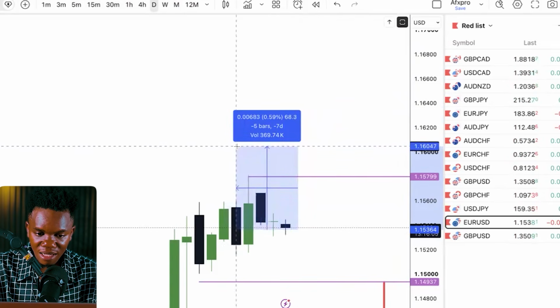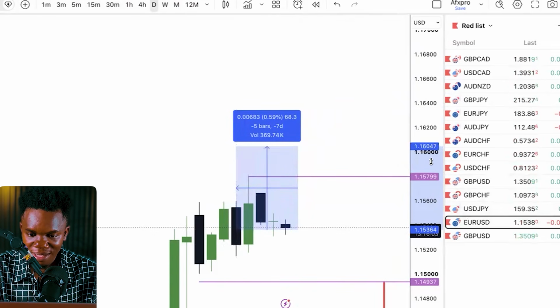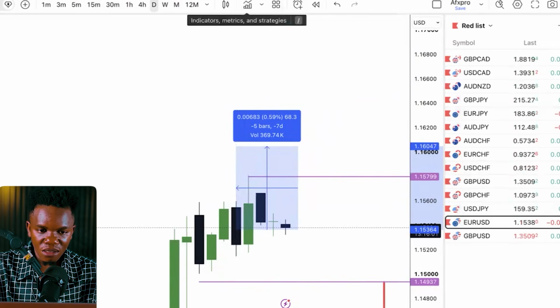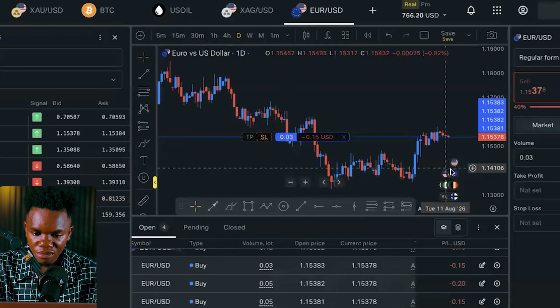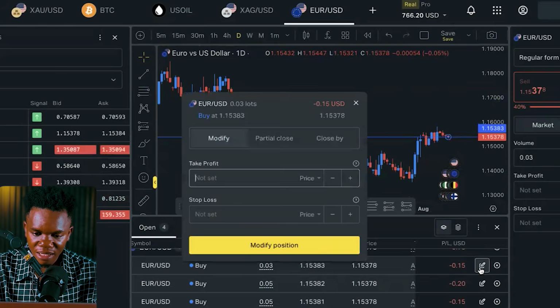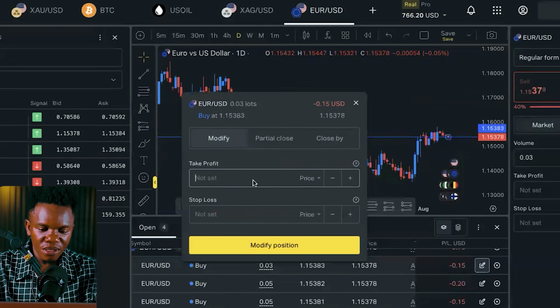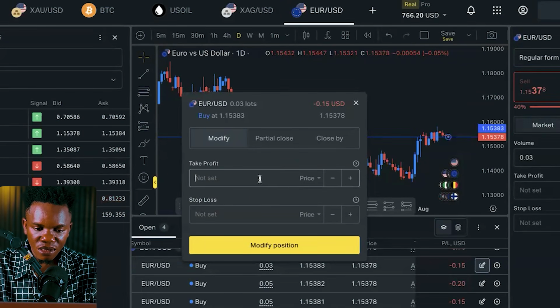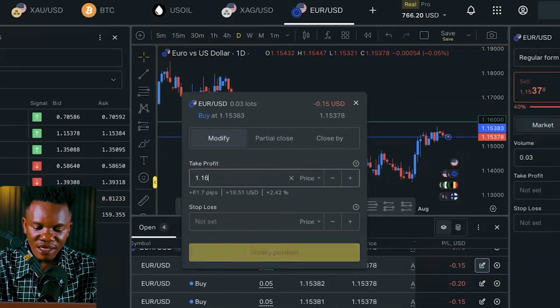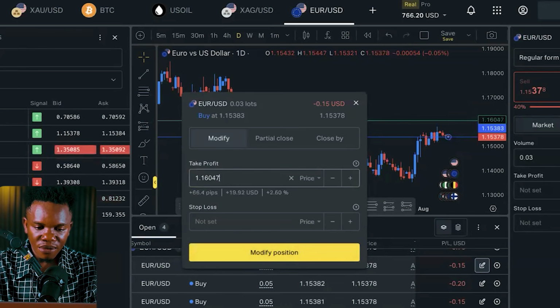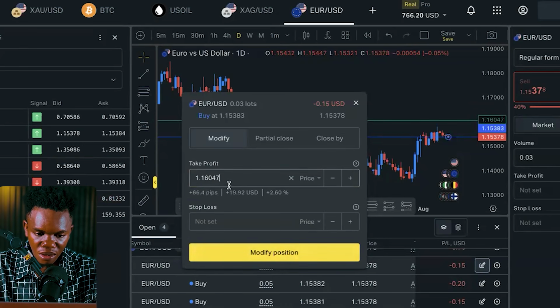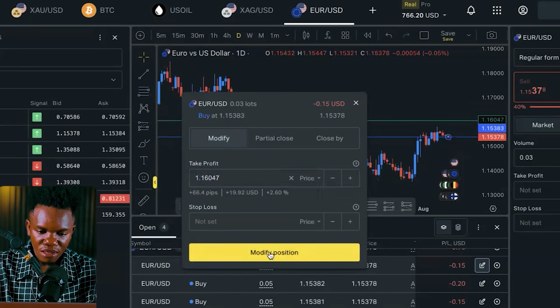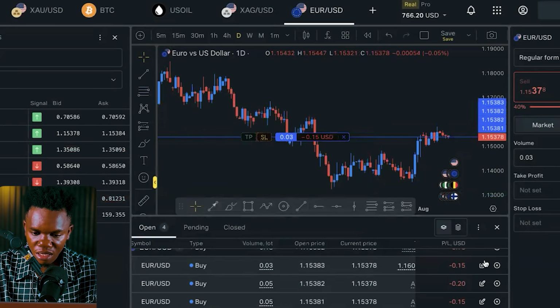The target should be around 1.16047. So start modifying the take profit, 1.16047.